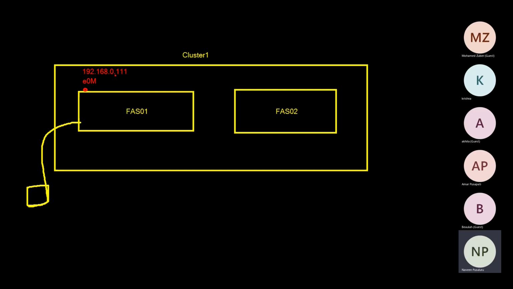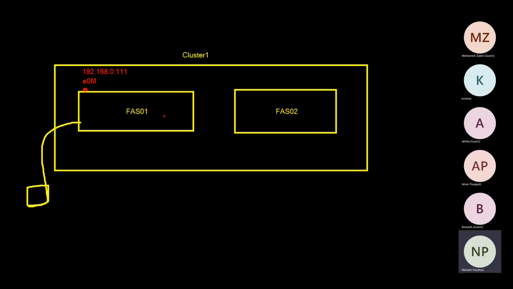That means with the help of this IP, I can establish communication to only this particular node. But cluster means I have to connect to all the things in the cluster, right? That means I need a single connection from where I can manage both the nodes in the cluster, right?